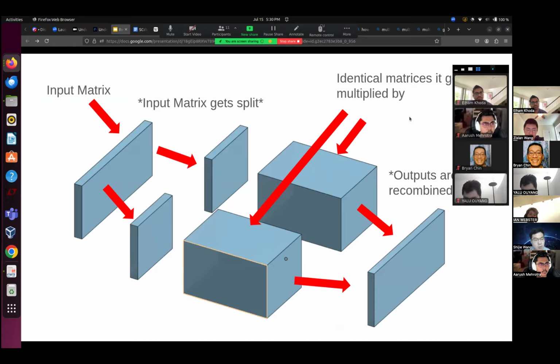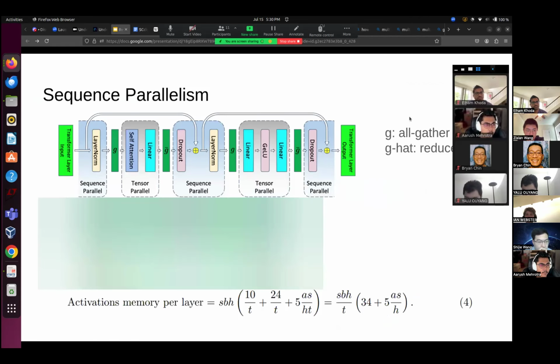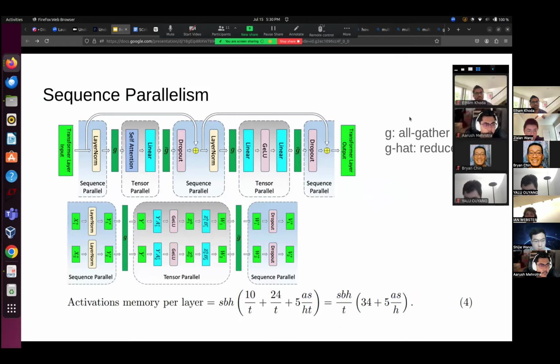Yeah, can you go to slide number 36? So the important part of sequence parallelism is we're splitting the parts between the tensor, the part that we parallelize in the tensor part.